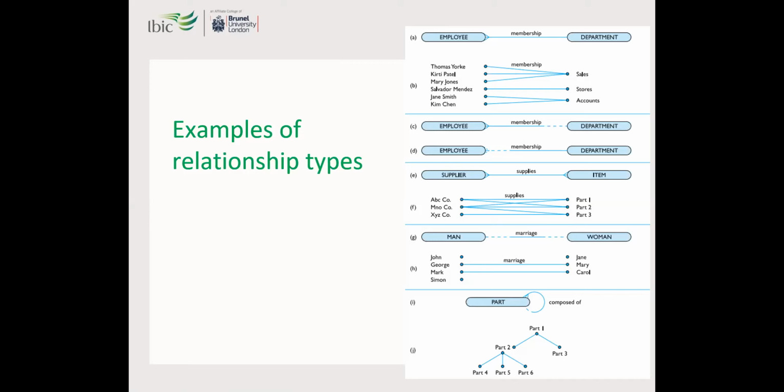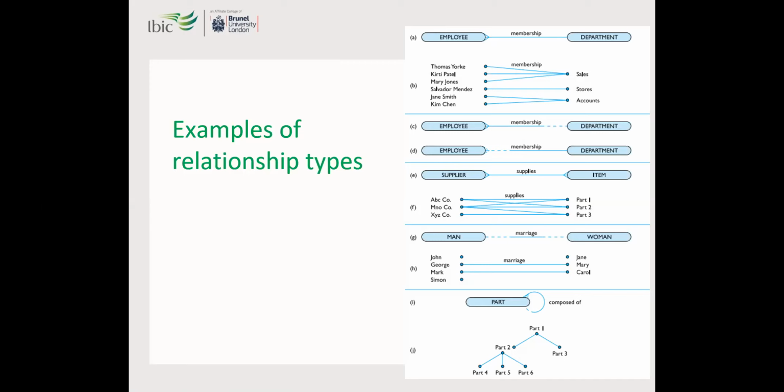So let's look at the next. In here, the relationship is still one-to-many. Even though a department may have only one member, the restriction on the relationship is that each employee can be a member of at most one department.